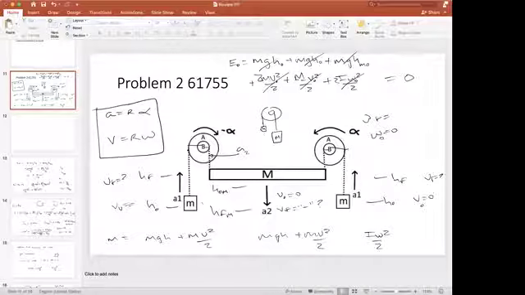So it's a simple problem that was made harder by expanding it, but it's actually a fairly easy Atwood machine. If you don't see that right now, that's totally fine. It's just the Atwood machine example made a little bit harder by reflecting it, which is weird.